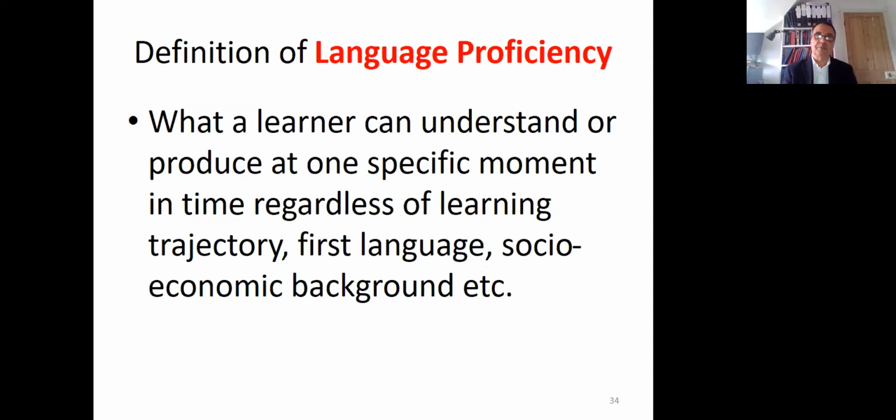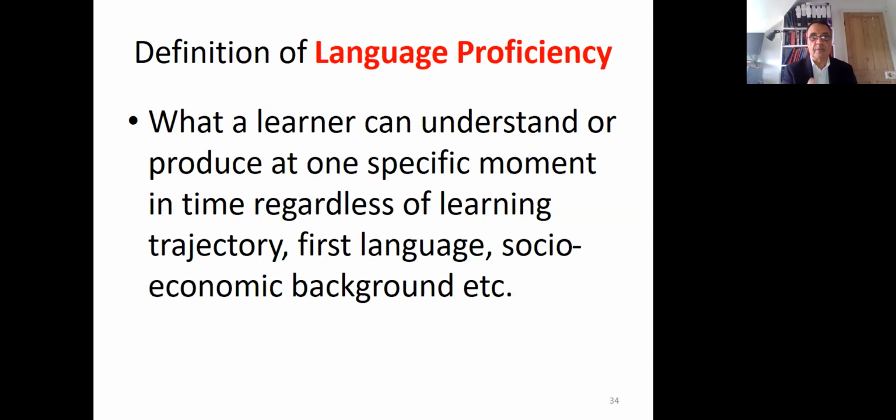Definitely, language proficiency has always been a bit of a problem anyway. It's what a learner can understand or produce at one specific moment, i.e. an exam, regardless of learning trajectory. How were they learning that? Did they get lots of help from their parents, or private tuition or whatever? Regardless of their first language, people don't normally say, oh yeah, you got 6.5 IELTS, but your language is this. Or socioeconomic background.